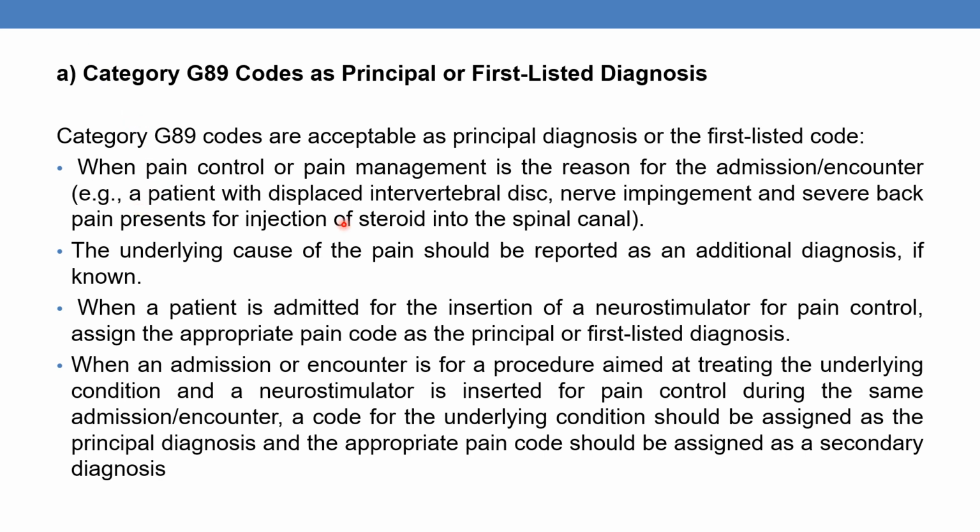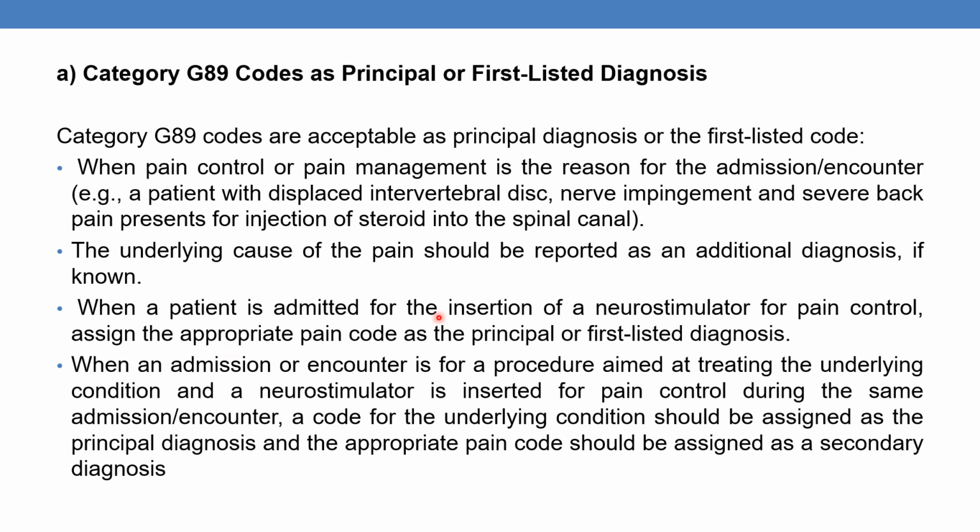For example, a patient with displaced intervertebral disc, nerve impingement and severe back pain presents for injection of steroid into the spinal canal. Here, they can be considered as PDX because the reason for visit is pain control by giving steroid injection. And the underlying cause of the pain should be reported as additional diagnosis if known.